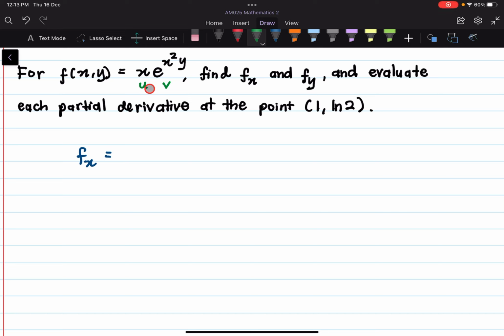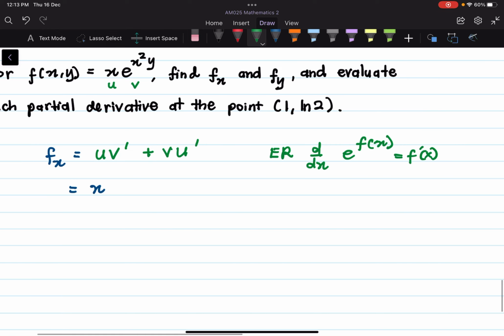We know that the product rule is u v prime plus v u prime. So u is the x, and v prime. For e^(x²y), we're going to use the exponent rule. We differentiate the exponent, then we copy down e^(x²y).